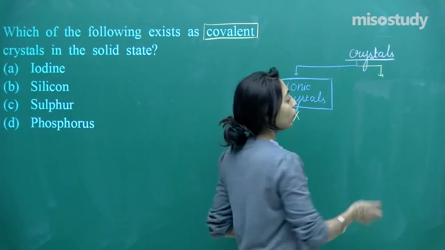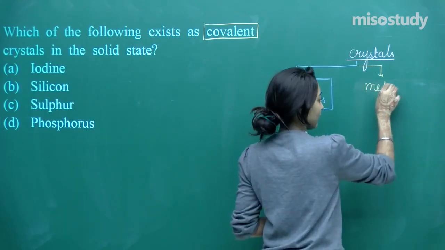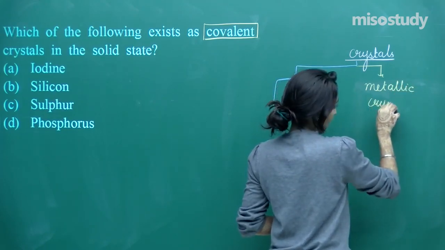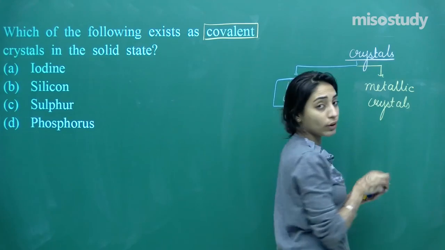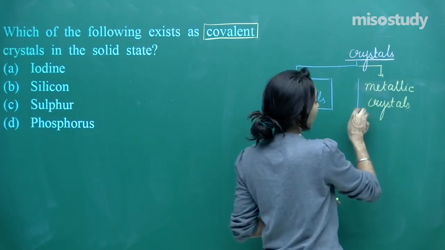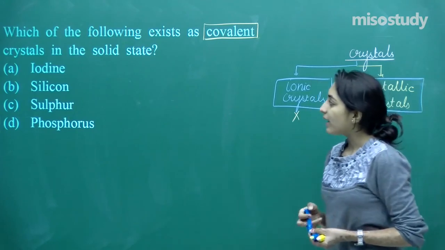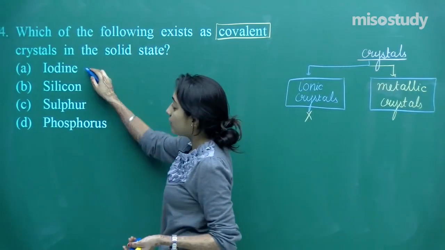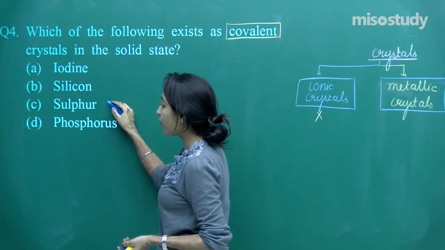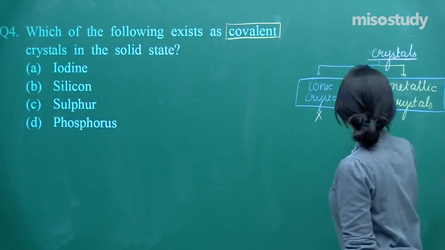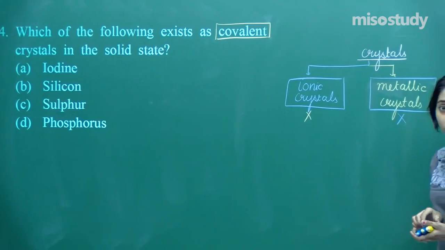After this we moved on to metallic crystals. Their constituent particles were what? They were metals. So let us see if some metal is there. Guys, iodine is a non-metal, silicon is a non-metal, sulfur is a non-metal, phosphorus is a non-metal. So none of them can be considered as metallic crystal as well.